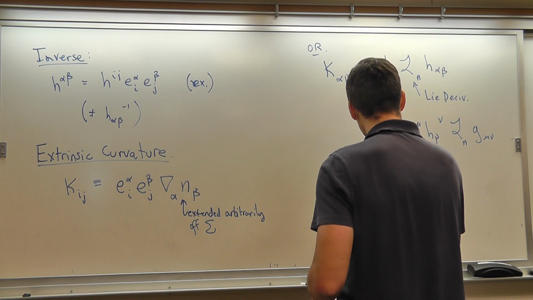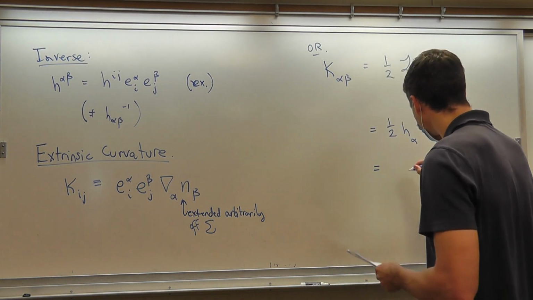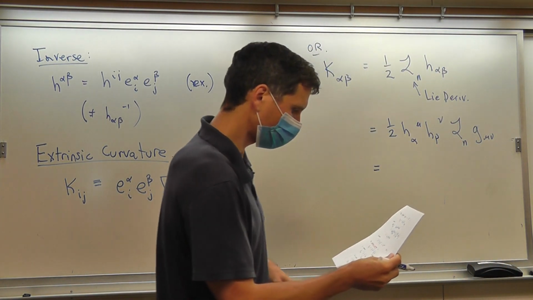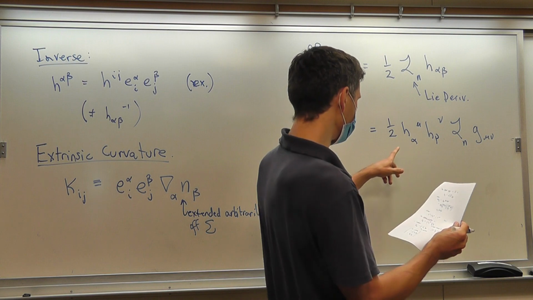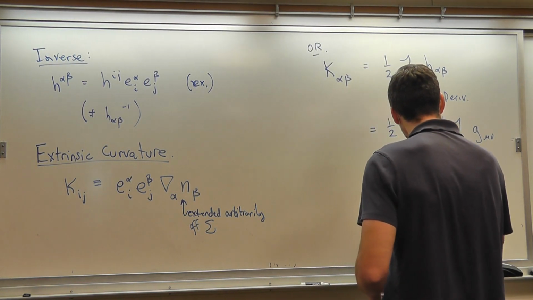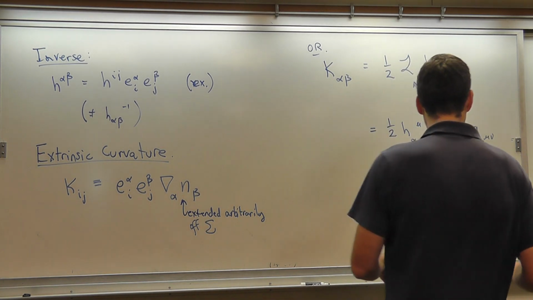And I'm going to write two more useful formulas for this. The first one is just a half Lie n of g alpha beta.